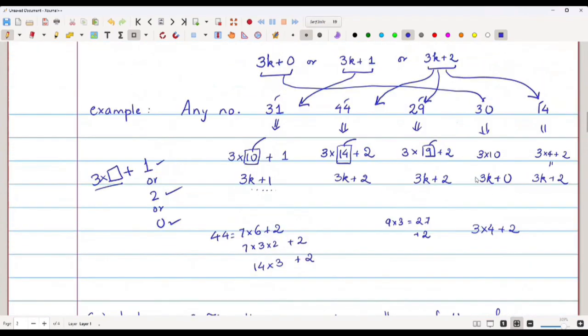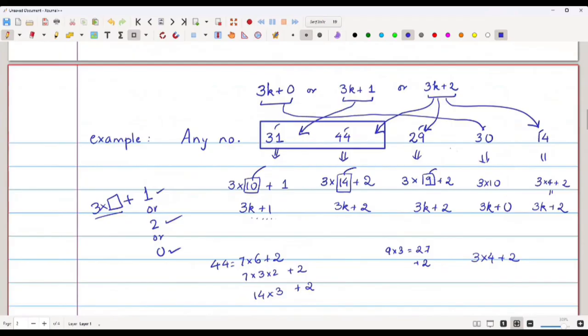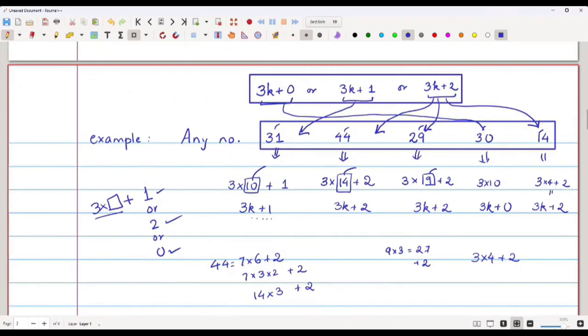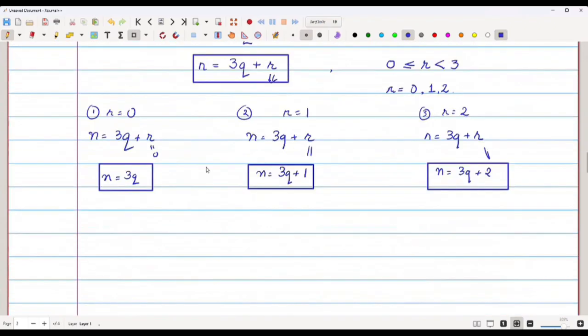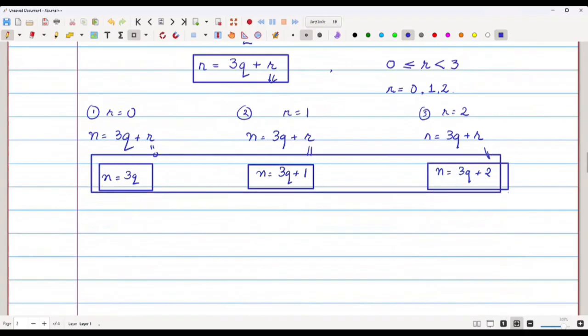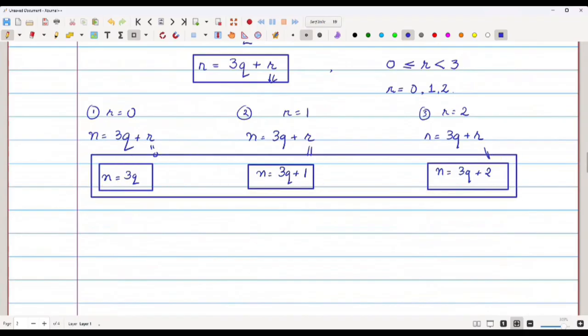In this example I told you, you pick up any number, and that number is either of the form 3k plus 0, meaning 3k, or 3k plus 1, or 3k plus 2. And that is what we have done here. We have taken any integer and we have proved that the integer is either of the type 3 into something, 3 into something plus 1, or 3 into something plus 2. So this actually finishes our simple application of the division algorithm. In the next lecture, we will see some more applications of the division algorithm.